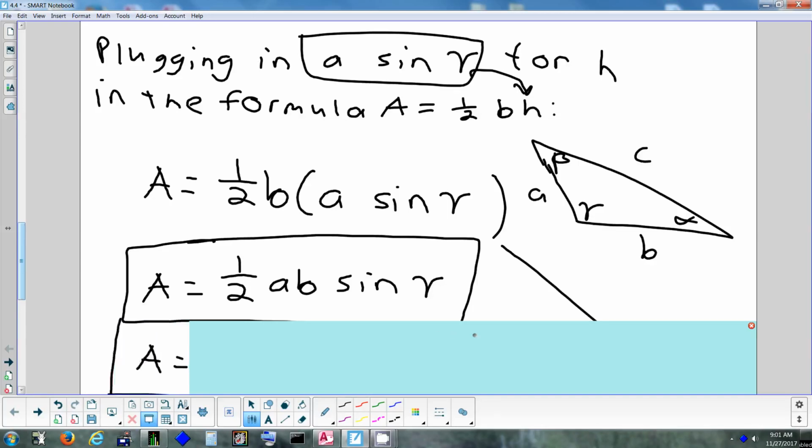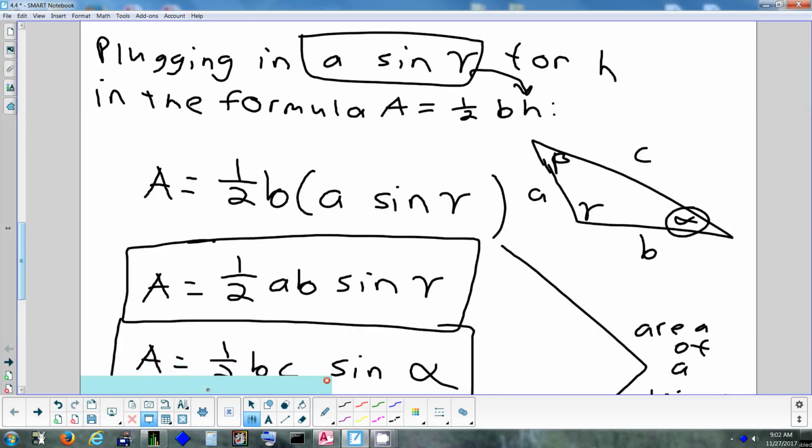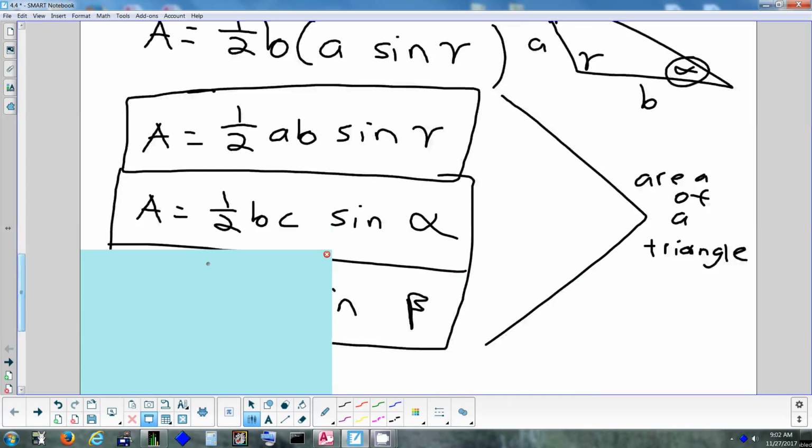So we can also write that a different way. Okay. If I wanted to write my formula using, let's look at it this way first, sine alpha. Okay, keeping in mind what we just said, what two sides do you think I would use if alpha was the angle? Rudy? B and C. Yeah. So it's not a different formula, it's just the other two sides.